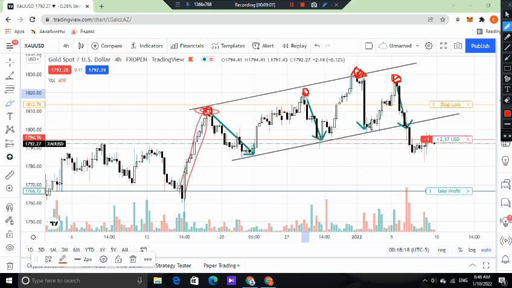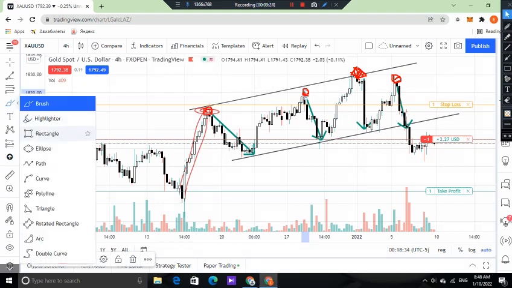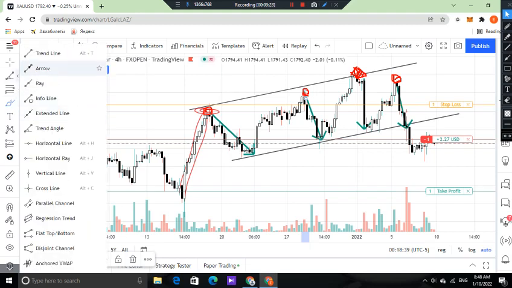Maybe not for sure, it may continue, but you could keep this in your mind, or you can also use some tools like this arrow.